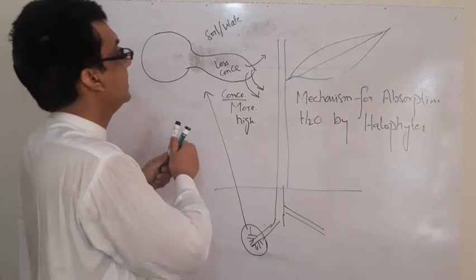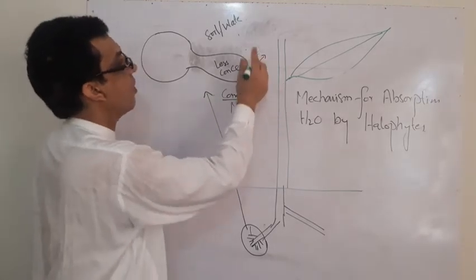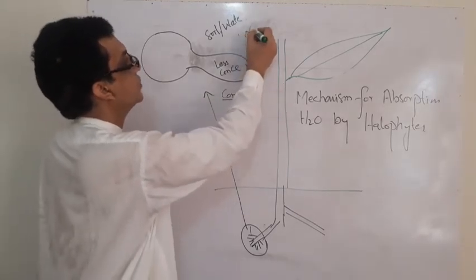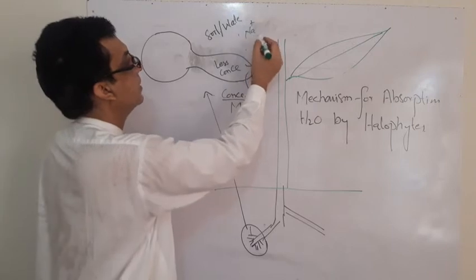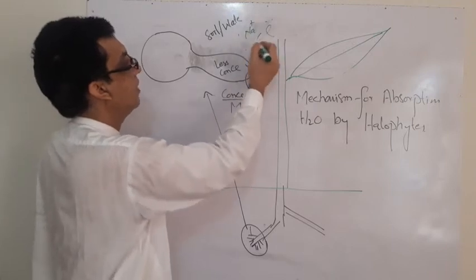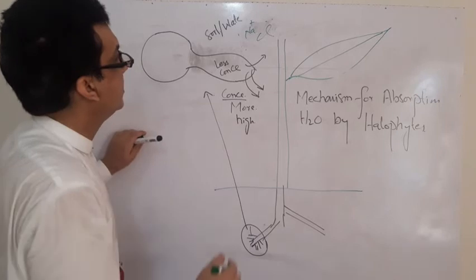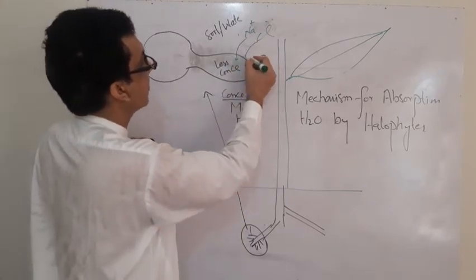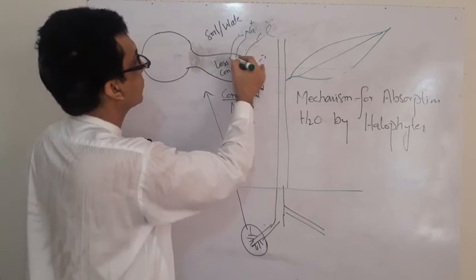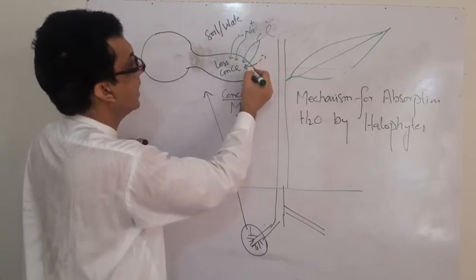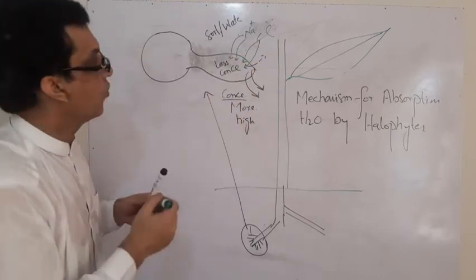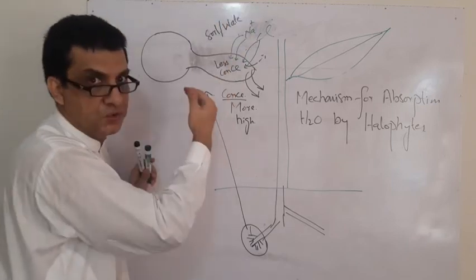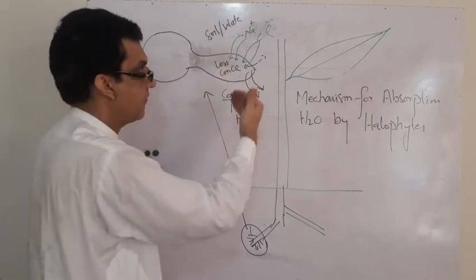So here there are more salts, like let's say sodium chloride, etc. All these salts are in solution form. So these salts are actively absorbed by the halophytes, with the help of energy, with the help of ATP.